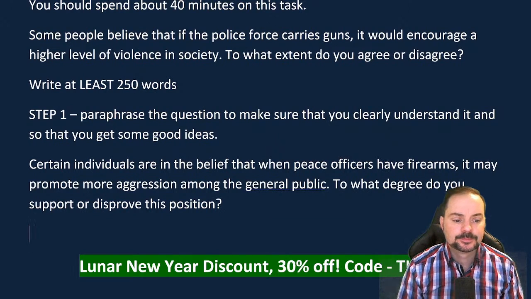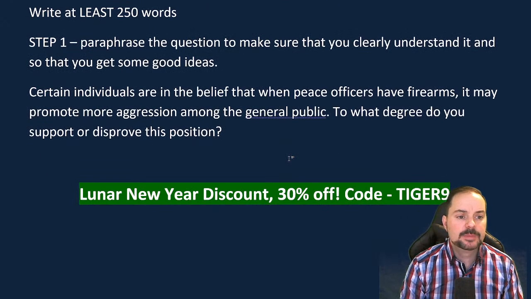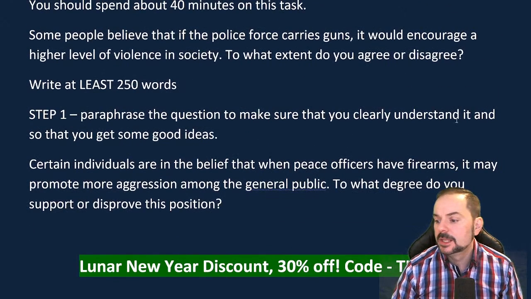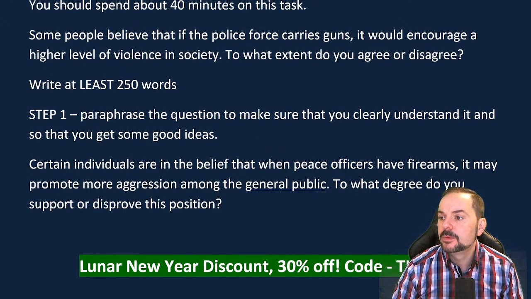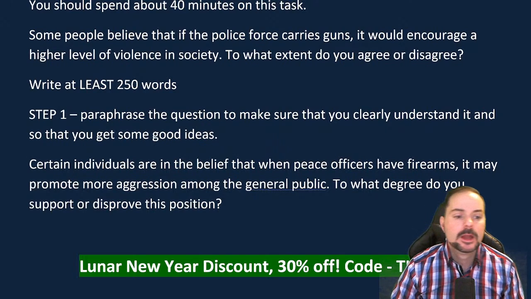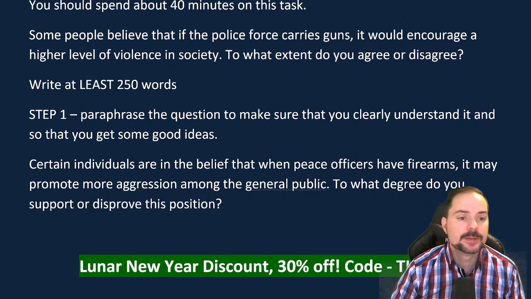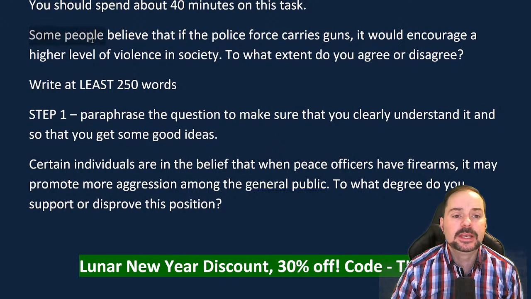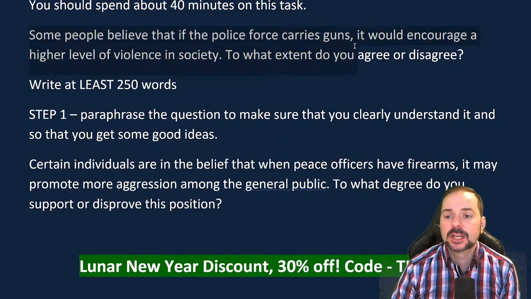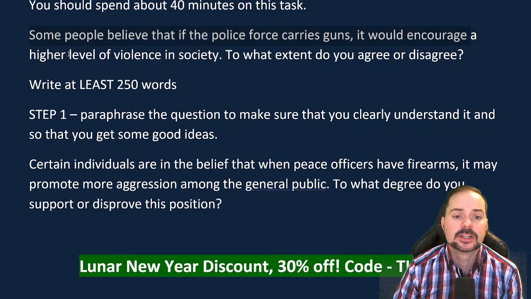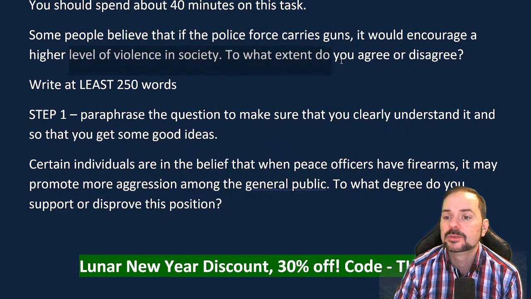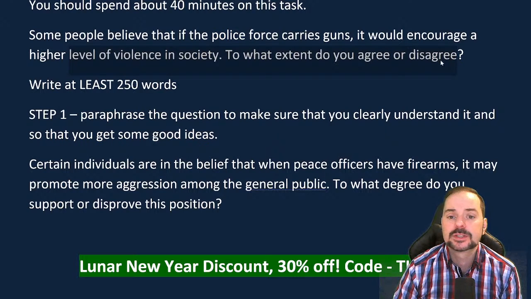Okay, so here's my paraphrase. Let's see what you have come up with. Okay, so I'll read mine, and then I'll read some of the paraphrasing by our members as well. Okay, some people believe that if the police force carries guns, it would encourage a higher level of violence in society. To what extent do you agree or disagree?